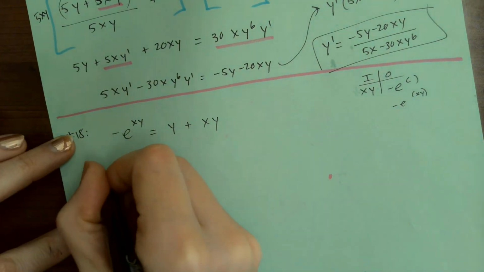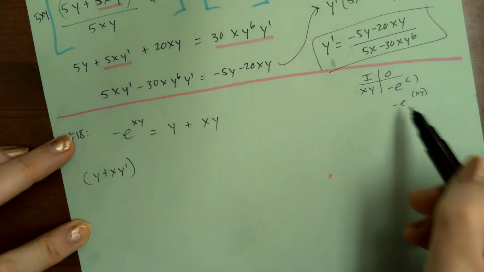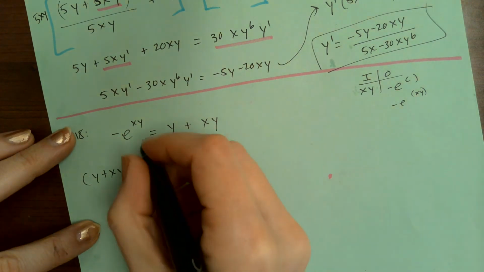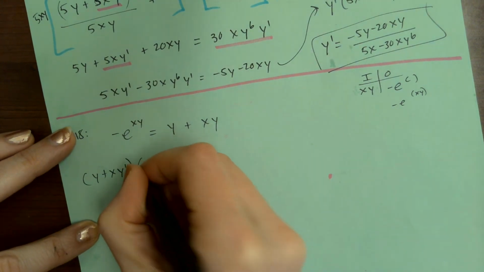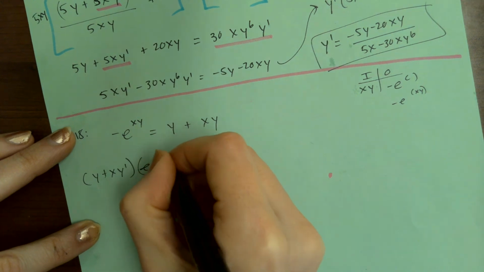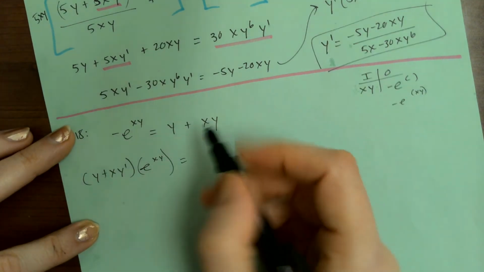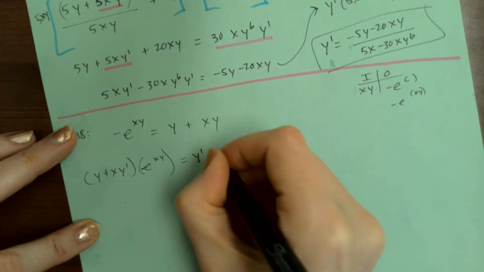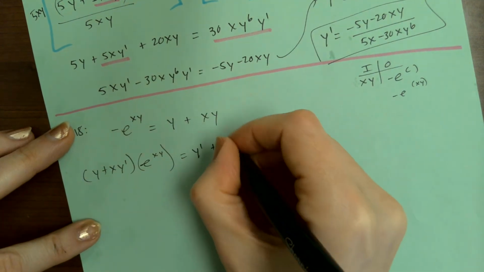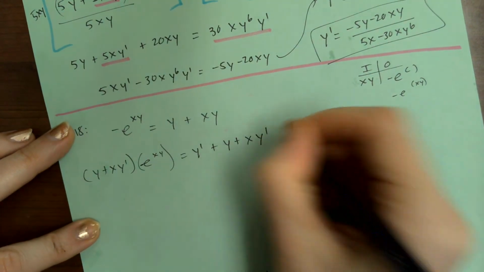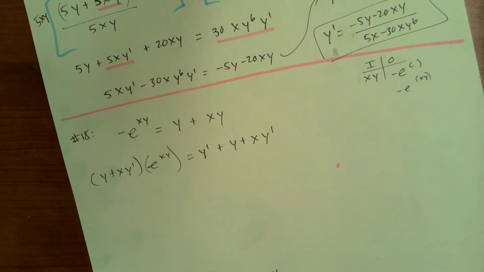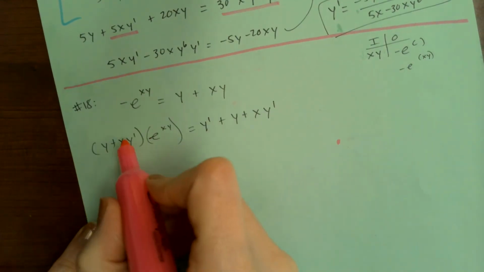So y plus xy. And then that's derivative of the inside. Derivative of the outside is negative e to the xy. Derivative of this is y prime. Product rule here. Okay, so I actually have 3 y prime terms.